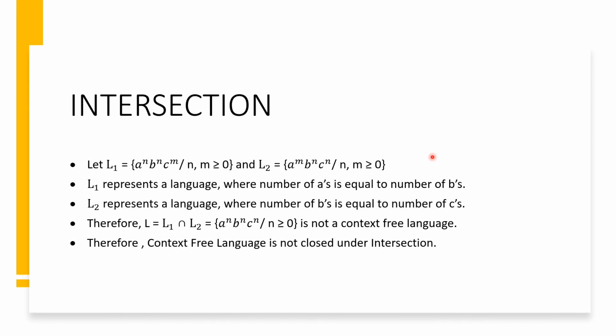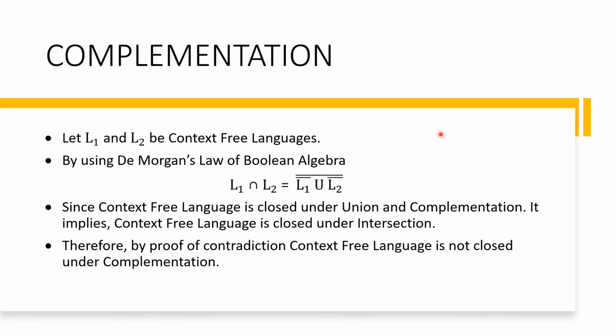We will see the proof for complementation. Let L1 and L2 be context-free languages. We prove this by proof by contradiction. Let us assume context-free language is closed under complementation. By using De Morgan's law of Boolean algebra, L1 intersection L2 is (L1 complement union L2 complement) whole complement.